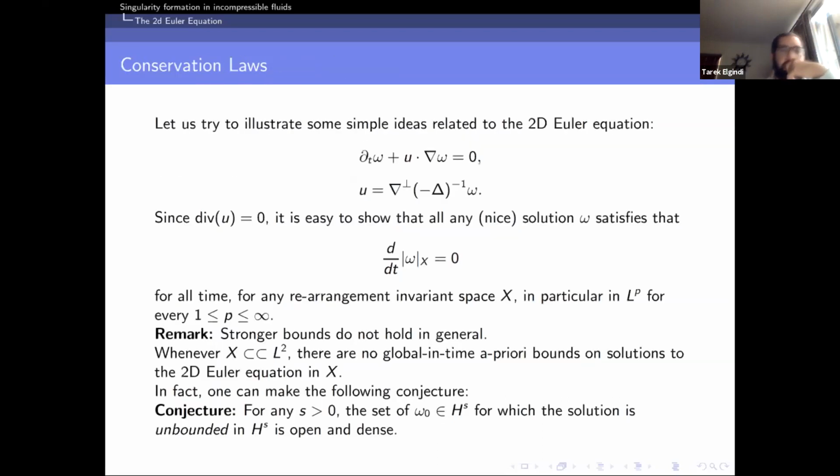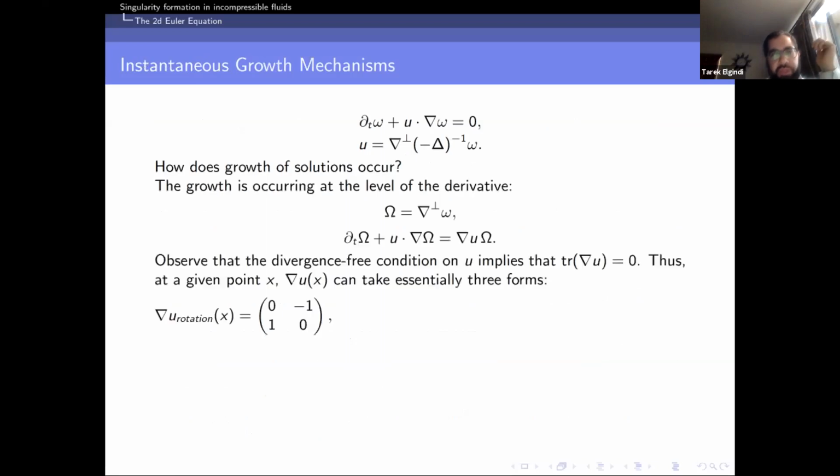Now I want to give you an idea of how solutions could possibly grow. Growth, as we said, is not possible pointwise for the vorticity in 2 dimensions. So growth can occur at the level of the derivative. So you define capital omega to be this quantity.